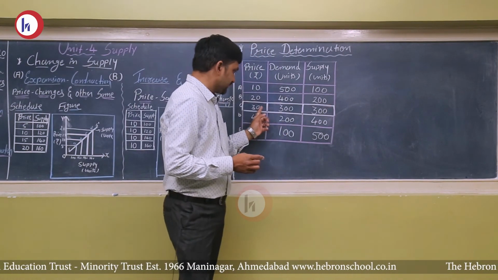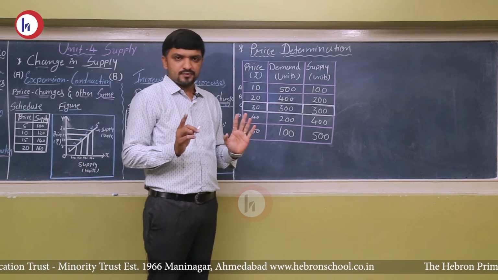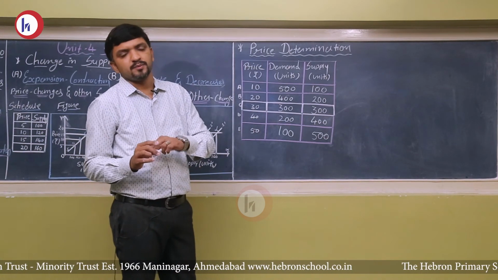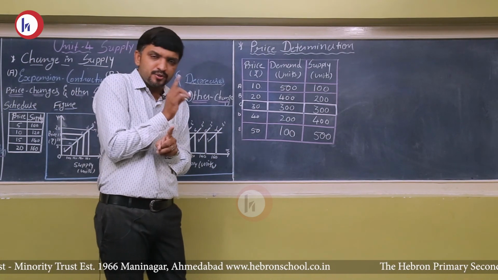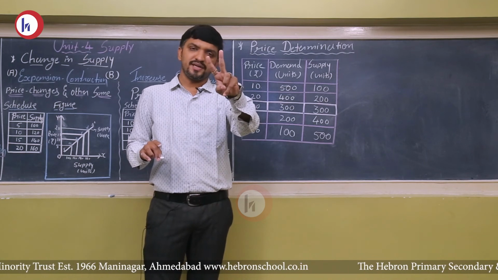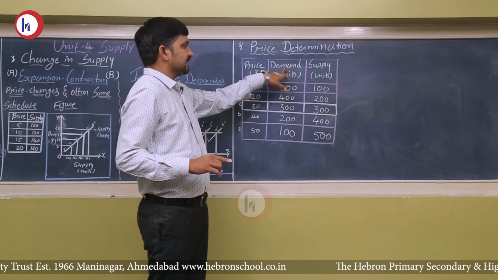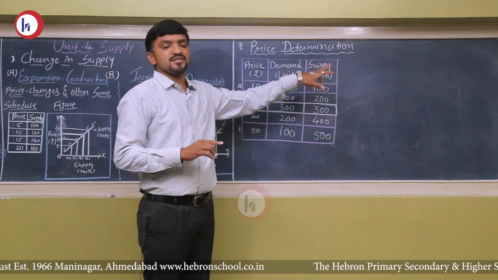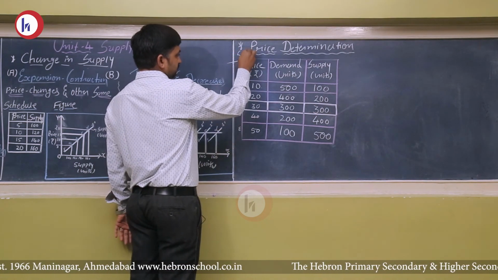So the price is not determined by the producer. Price is determined by the two invisible hands of the market, two market forces, and those two market forces are demand and supply.